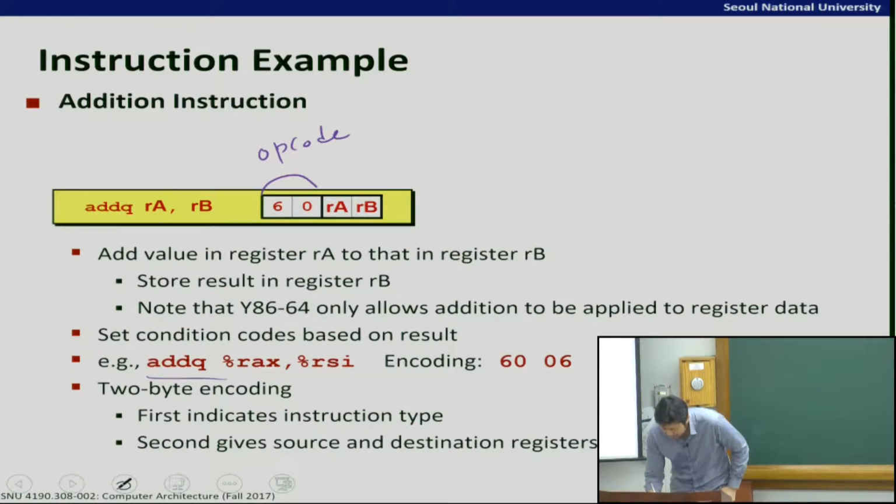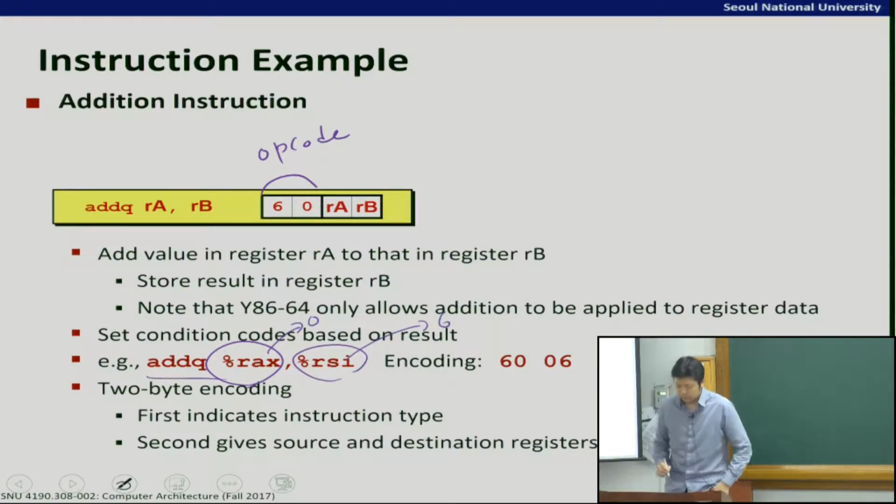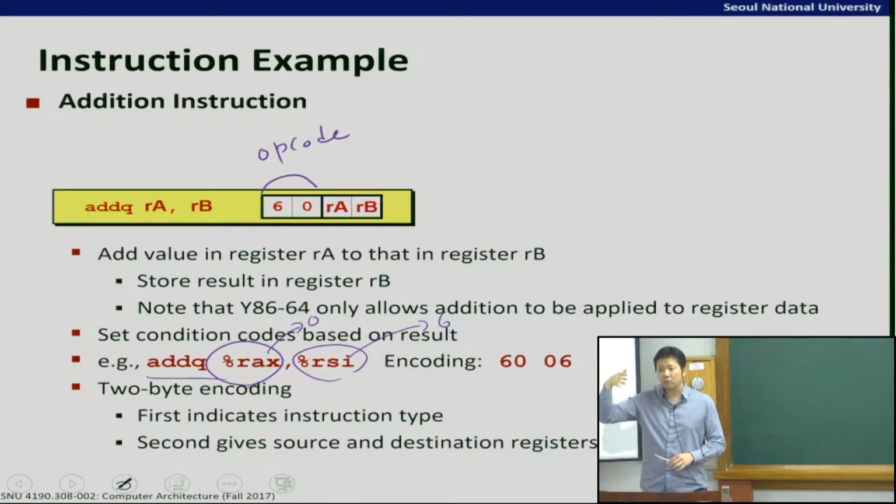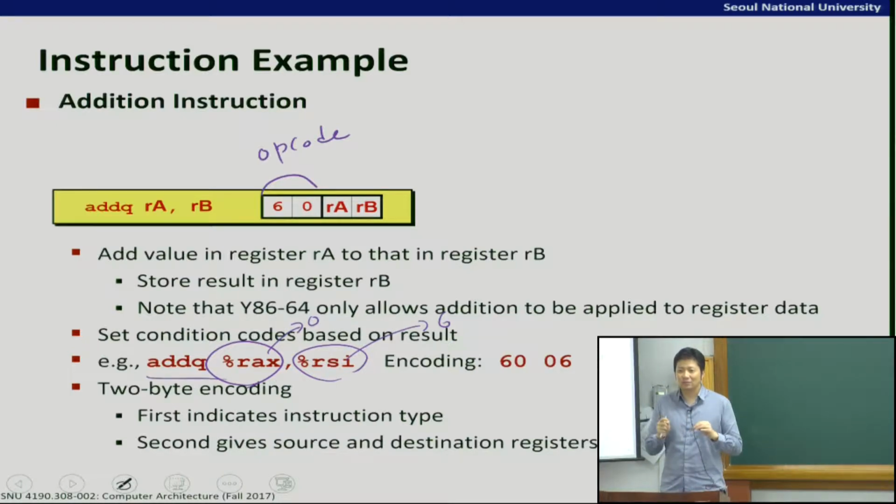Register number 0 and register number 6, so it will be encoded as 6006. Maybe we can make a question like this. We may give you a few bytes and ask you to disassemble the instruction, meaning you reconstruct the assembly instruction from the machine code, or vice versa: we give you an assembly instruction and ask you to translate it into the byte encoding.